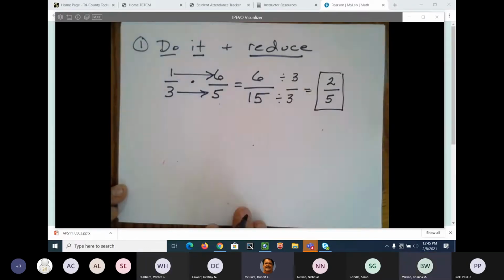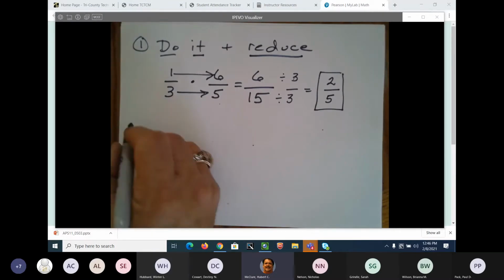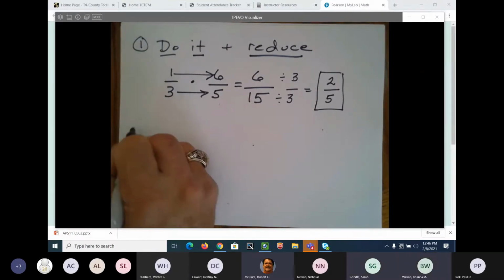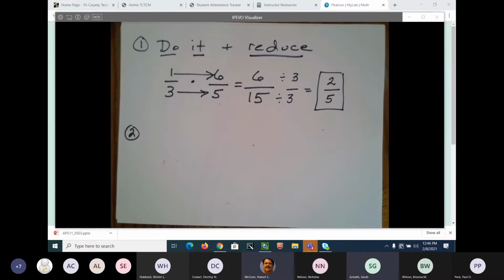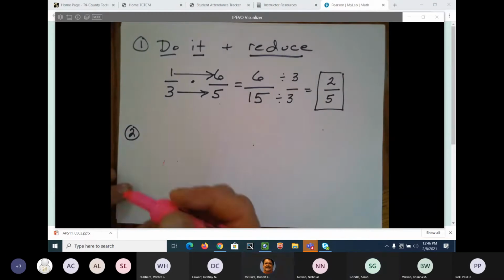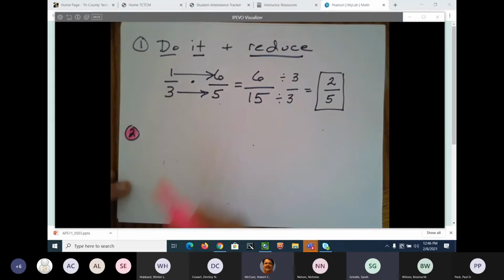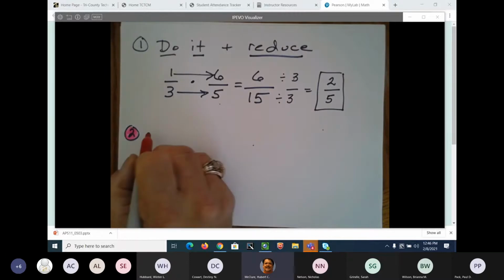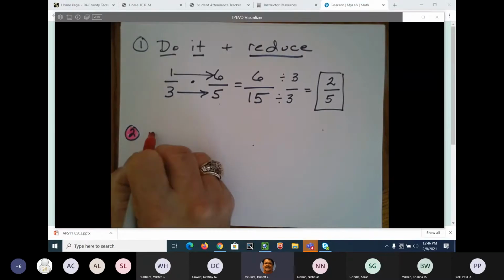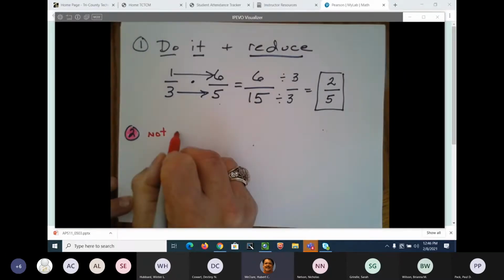Now that's the first way you can do multiplication. The second way, I'm going to highlight with red because you got to be careful. Can you do the second way all the time? No. Not all the time.